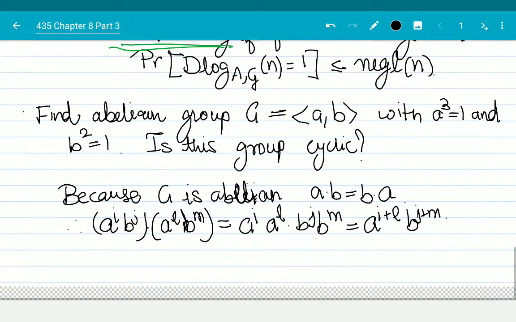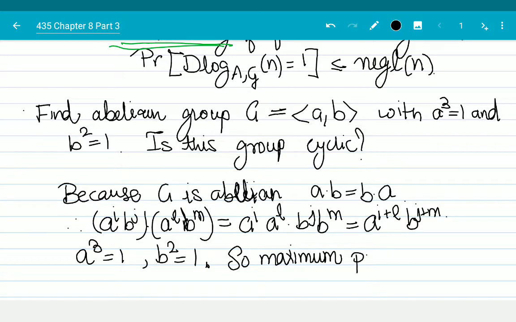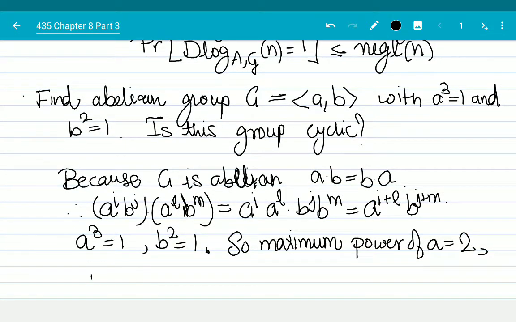I know A cubed is equal to 1, B squared is equal to 1. So the maximum power of A is equal to 2. The maximum power of B is equal to 1.